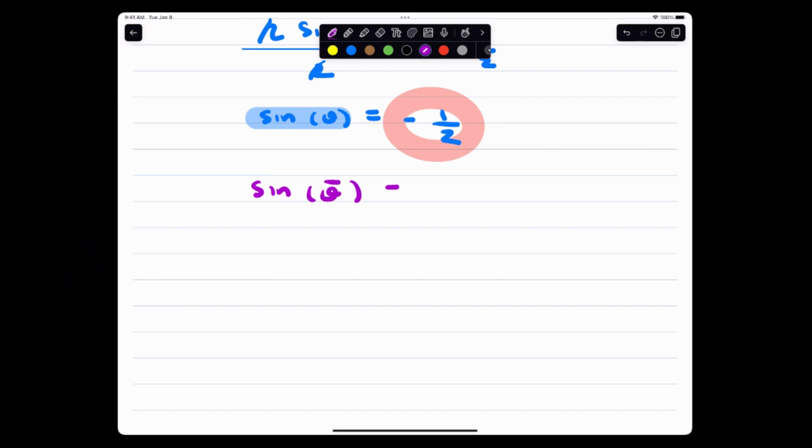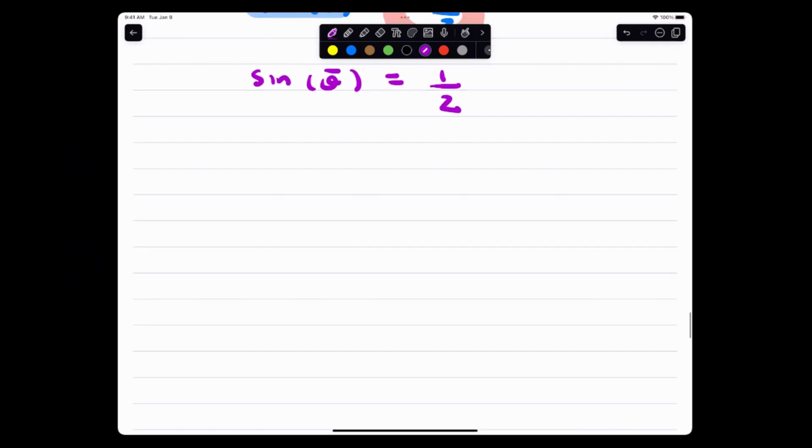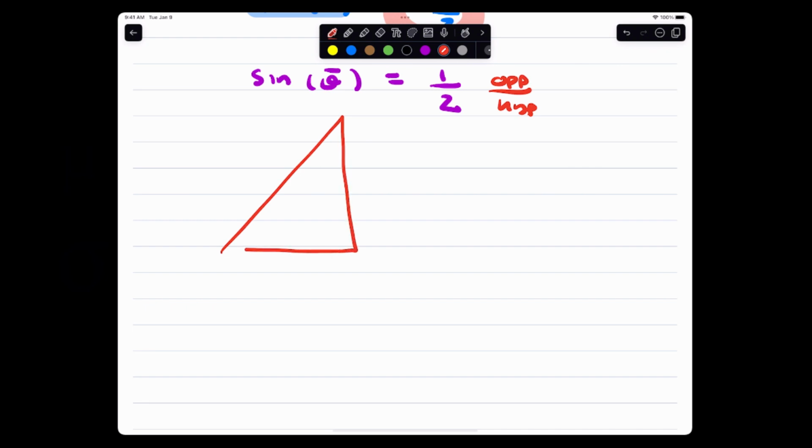If you're going to find that reference angle, it's going to be a special triangle here. That is going to be a positive angle because the reference angle is a positive quadrant 1 angle. So remember, what's the definition of sine? Opposite over hypotenuse. The opposite side is 1.